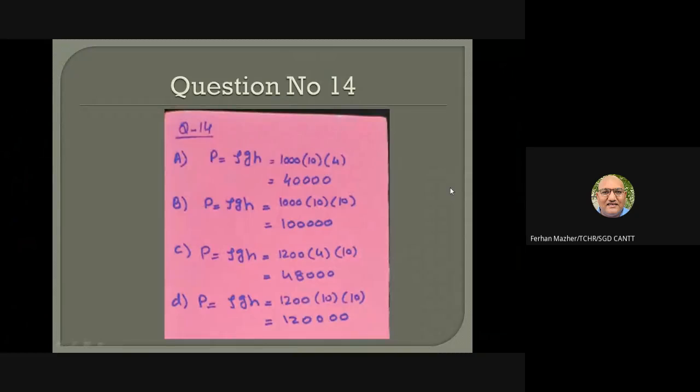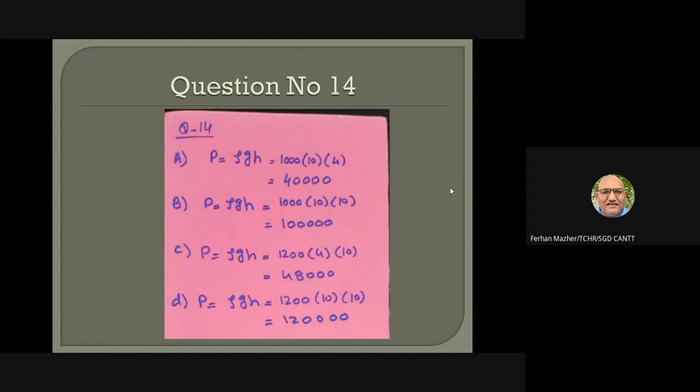Here you can see in the first option, the pressure is equal to rho g h. For all 4 options, use this formula. The rho value is 1000, g value is 10. In the first option, rho g h: 1000 was the density, g is 10, h was 4, so we got 40,000.